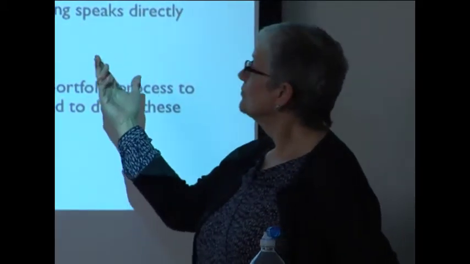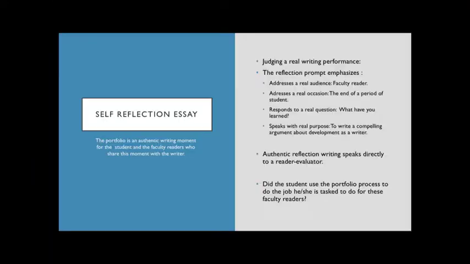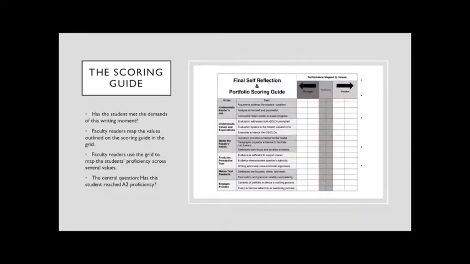An authentic piece of reflection writing, when you compose the assignment in these terms, is asking for reflection writing that speaks directly to a reader evaluator. And what you can ask yourself as an evaluator is, did the student use the portfolio process to do the job he or she was tasked to do for these faculty readers in this particular moment, right?